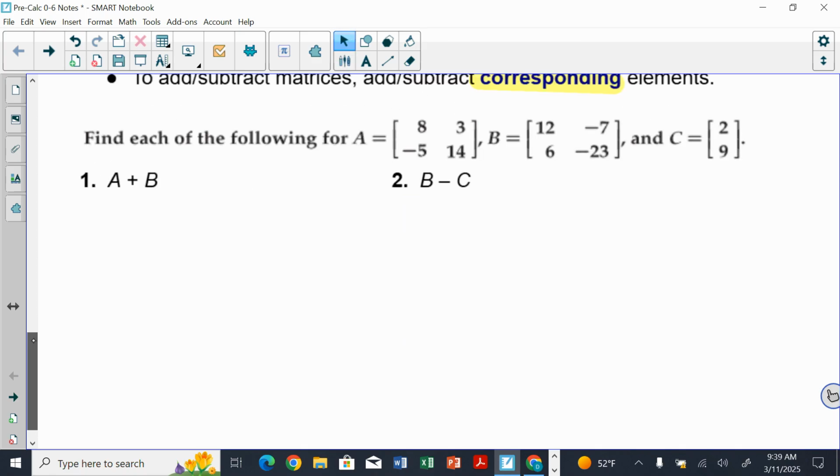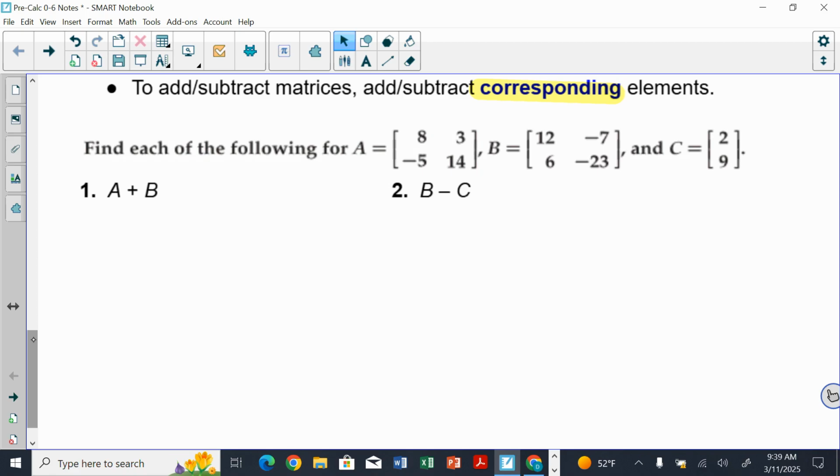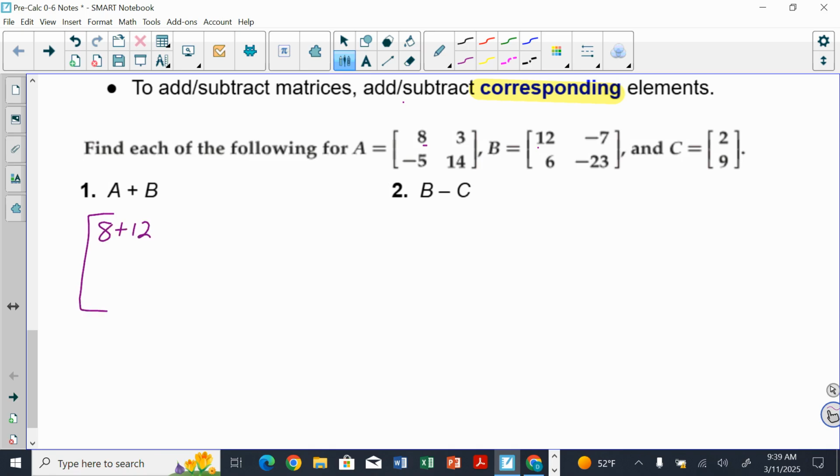So let's find each of the following. You've got matrices A, B, and C. Let's find A plus B. So to do that, we're going to basically take this A matrix and add it to the B. We can do this because they're the same. They're both 2 by 2. So essentially what I'm doing here, I'm just going to make the big matrix and say it's going to be 8 plus 12.